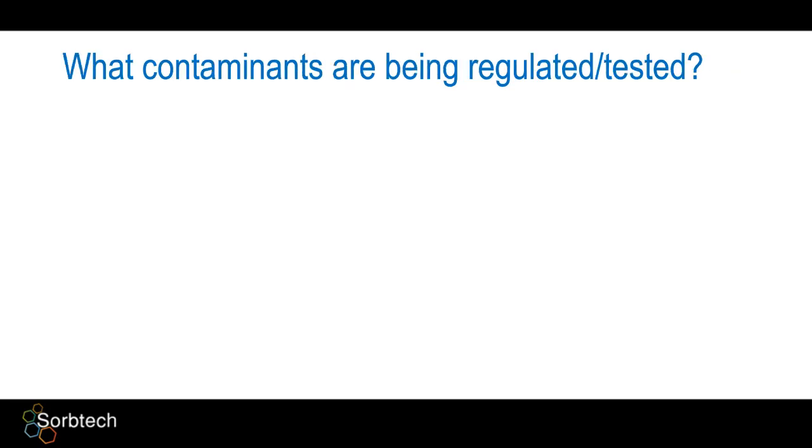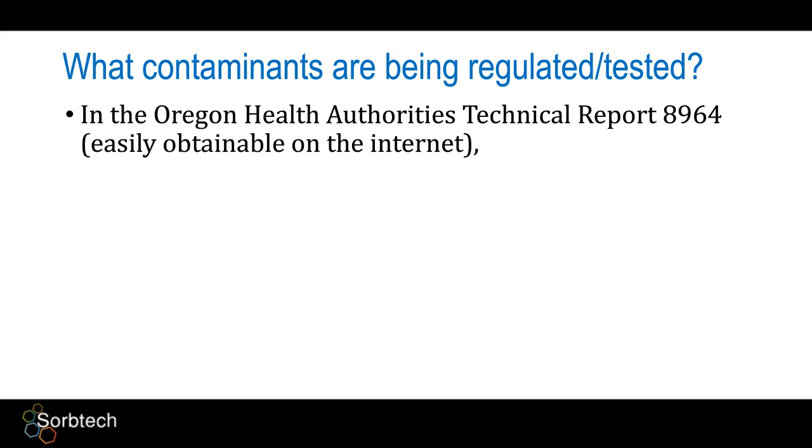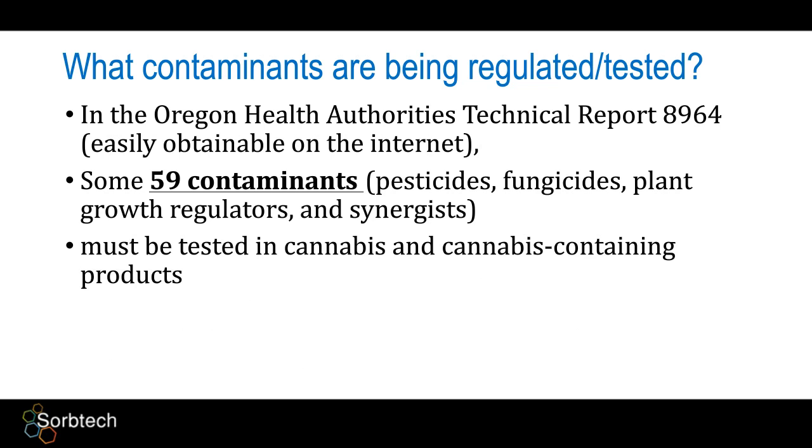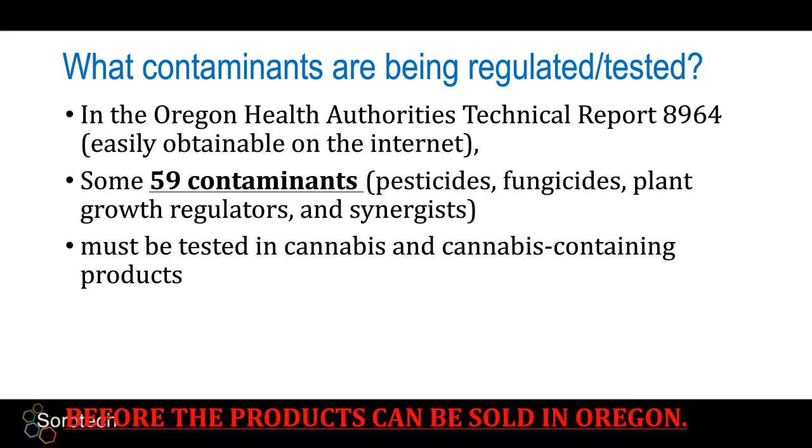In Oregon, the Oregon Health Authority issued a technical report, which anybody can get very easily on the internet, and 59 contaminants must be tested in cannabis and cannabis-containing products before they can be sold in Oregon.